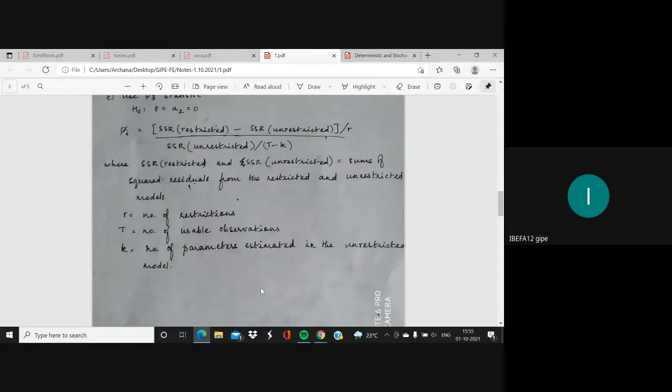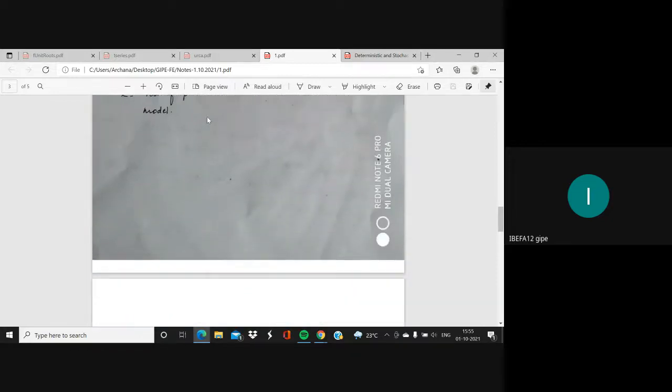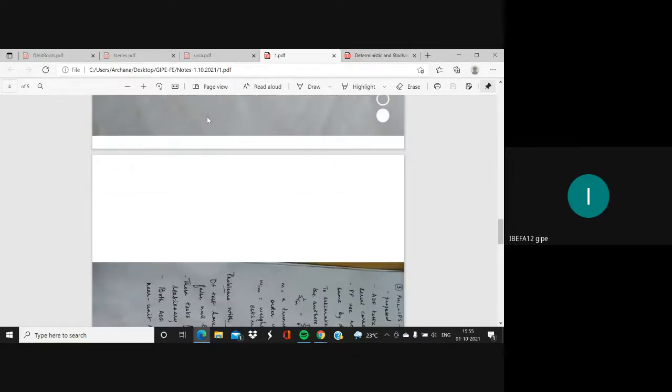For example, if you're using phi3, then you are imposing 2 restrictions, so this will be equal to 2, divided by the sum of squared residuals of the unrestricted model divided by T minus k, where k is the number of parameters estimated in the unrestricted model. So you can use this to judge whether you should be including the drift term or the time trend term in your regression, and also to check the non-stationarity of your time series. The critical values are again generated by Dickey and Fuller. You'll be able to find them with any software.